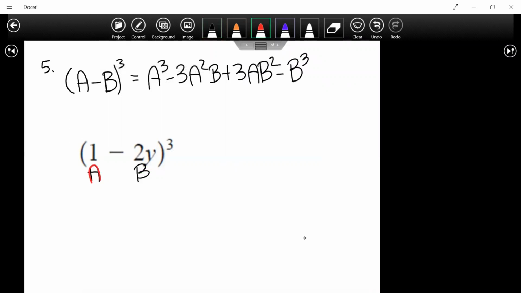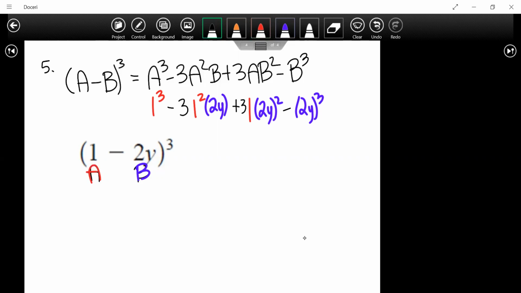I'm just going to input all my terms: 1 to the third, 1 squared, 1. And then our B will be 2y, 2y squared, 2y to the third. I'll do all my fillers, minus 3, plus 3, minus.